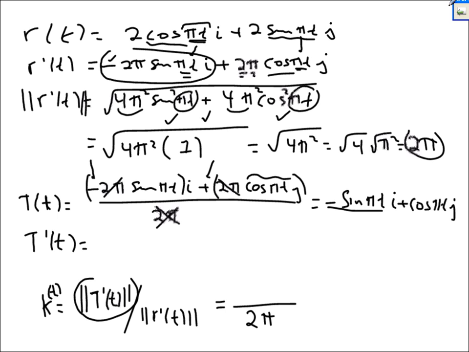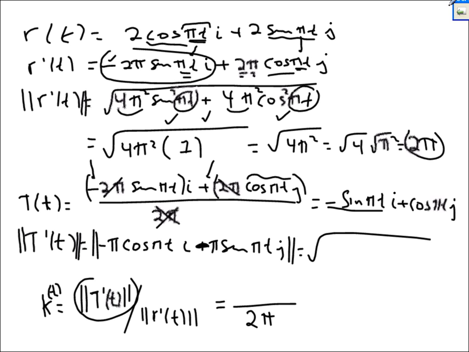Derivative of that is negative cosine of pi t times pi. That's in the i direction. Plus, minus sine pi t j times pi. Okay. The length of this equals the length of that, which is the square root of this squared plus that squared.